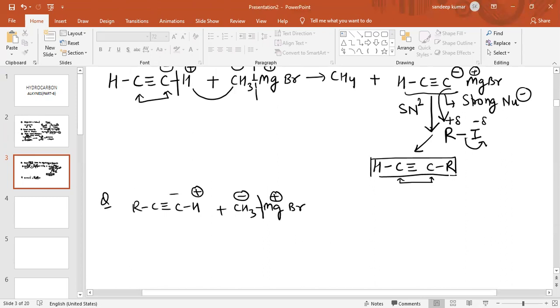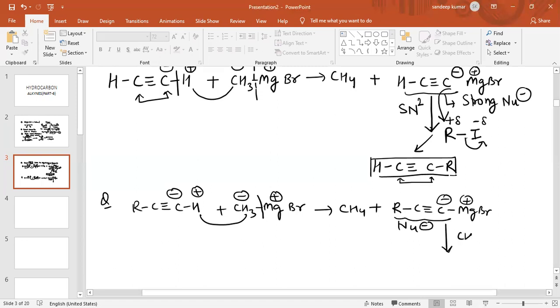CH3 and H combine, so one product is CH4 and the other is R, C triple bond C, MgBr. This is negatively charged and this is positive, so this will behave as a nucleophile.